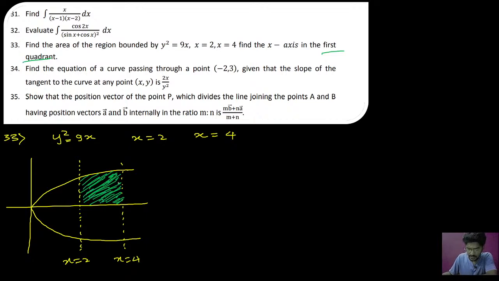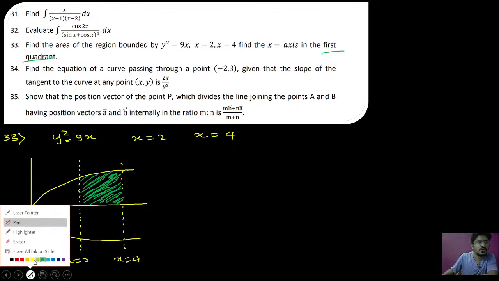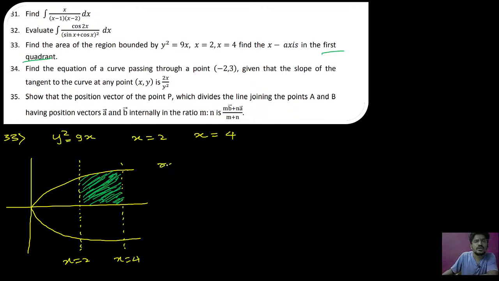The required area is going to be equal to the integration from 2 to 4, and here the curve will be y equal to 3 root x dx. So you just take y equal to 3 root x.